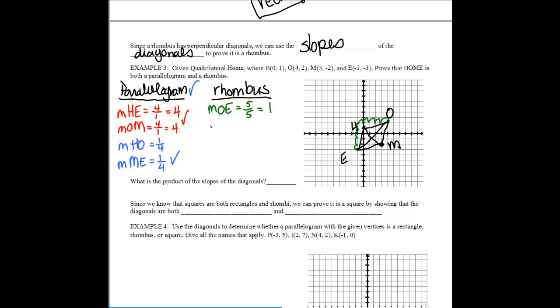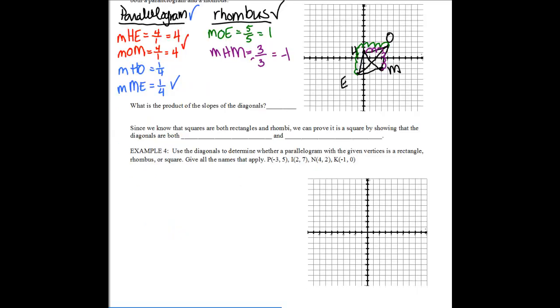Then the slope of HM, which goes up 3 and left 3, so up 3 and left makes it negative, negative 1. Remember that perpendicular slopes have to be opposite reciprocals. And in this case, since it's 1, the opposite reciprocal of 1 is just negative 1. So yes, this is a rhombus.